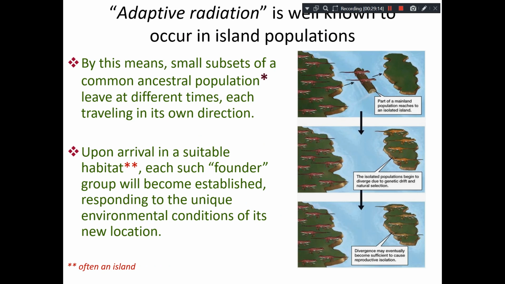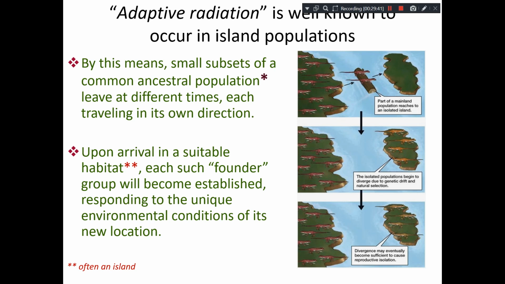This adaptive radiation is by a small subset of the common ancestral population, not the entire group, a small fraction of the population, which leaves at different times, each traveling in its own direction.